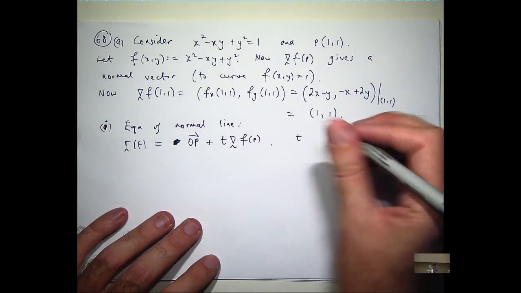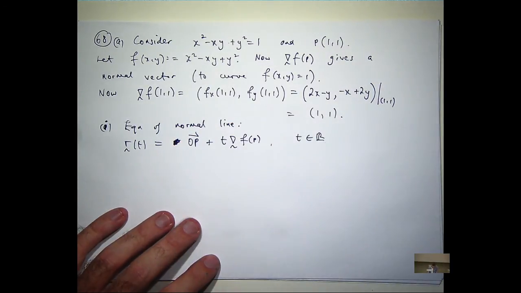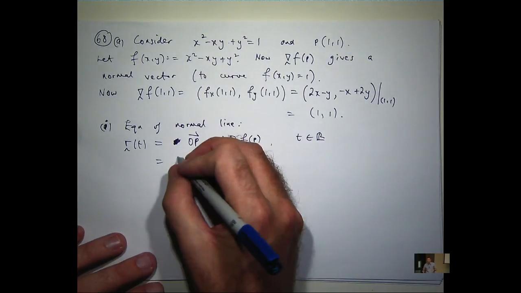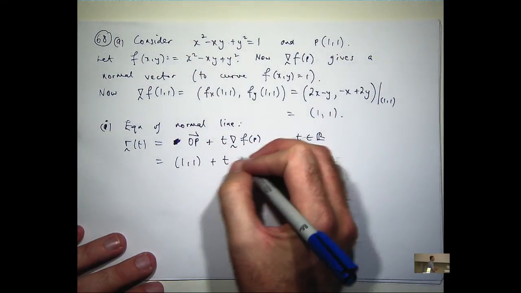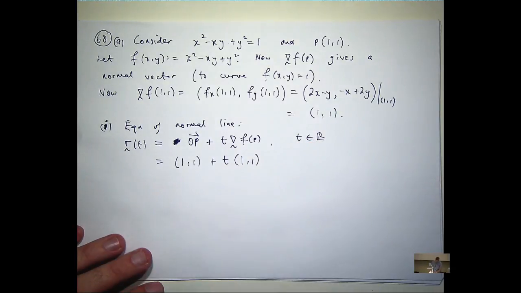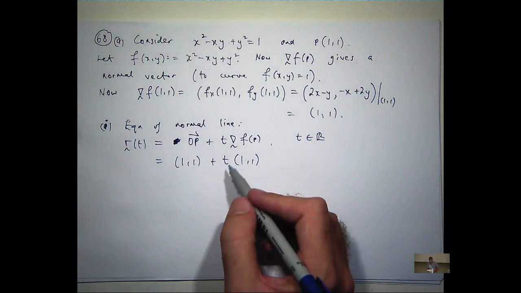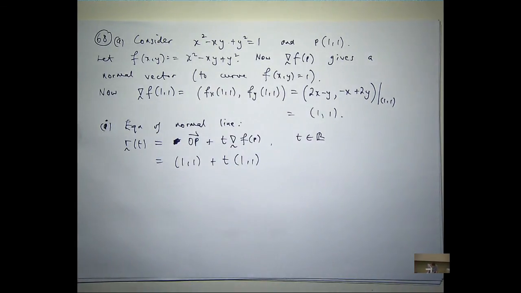Okay. So, question? No? Okay. So this is the vector form, the vector parametric form. Remember, t is the parameter here, or I guess the variable.